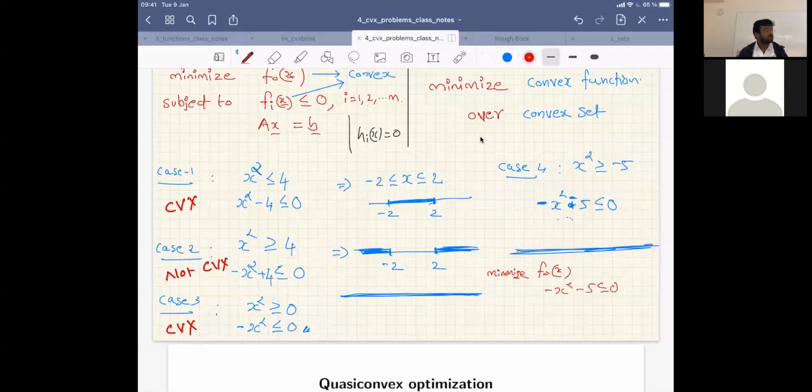This looks non-convex. I agree, let's say this is non-convex. I can come up with an equivalent problem, which is just minimize f0(x). I can drop the constraint because it will be satisfied for all x. So this problem will give the same solution as the first problem. This is an equivalent problem.